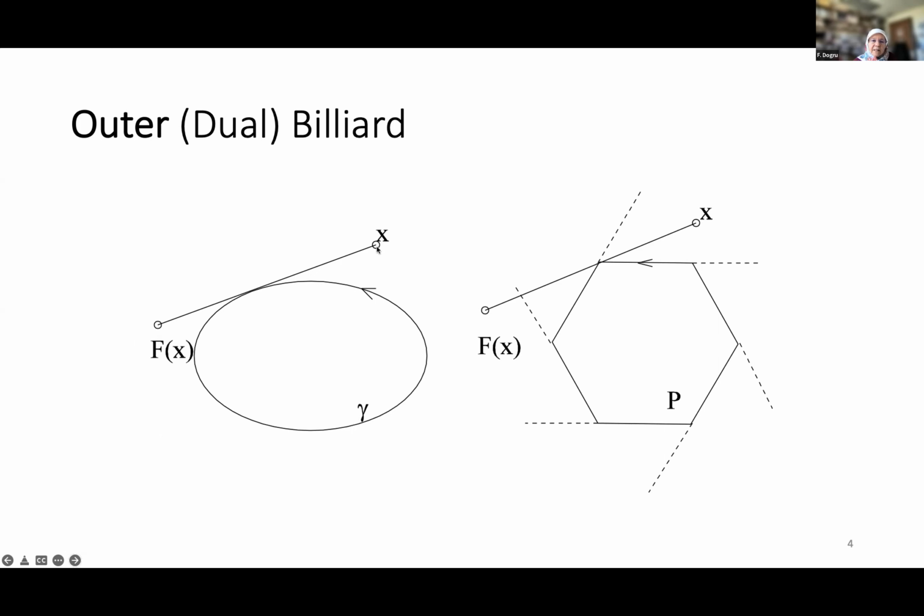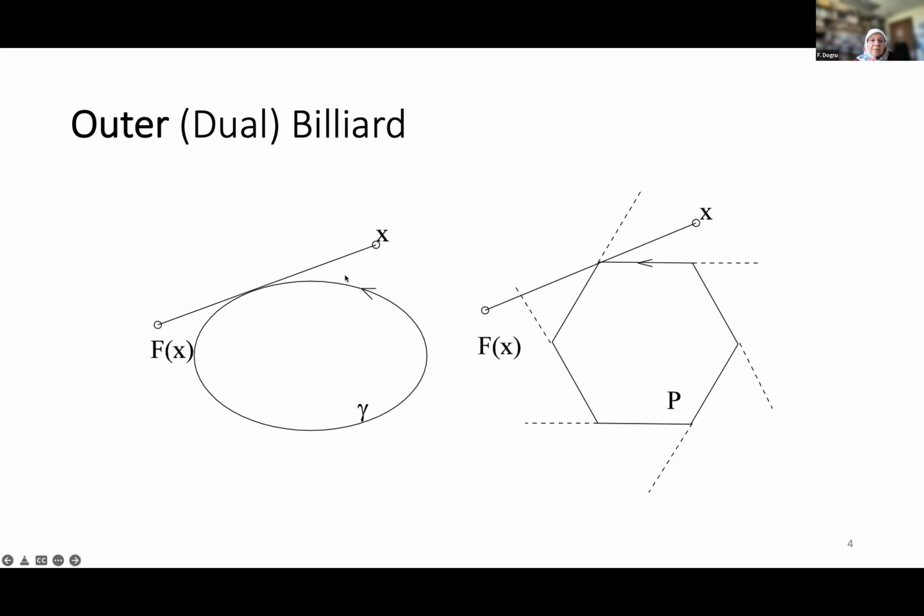Let me give the definition briefly. When we have a point outside the table, we can draw two support lines, or tangent lines, from this point to the curve. One of them is this one and the other one is this one. When the boundary curve is oriented, I am going to pick this one as the tangent line. The other one will actually give the inverse of the map.